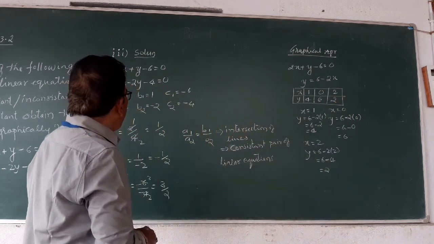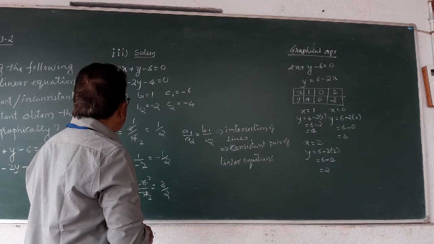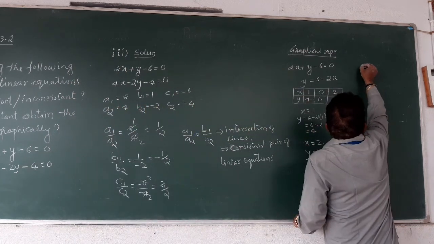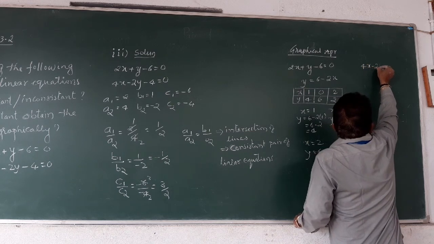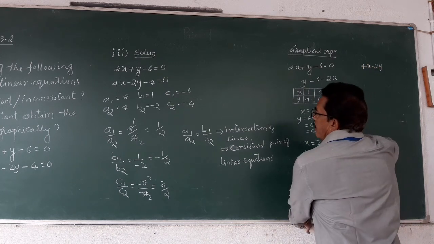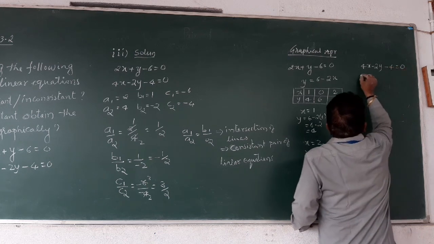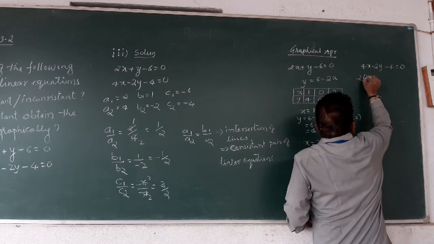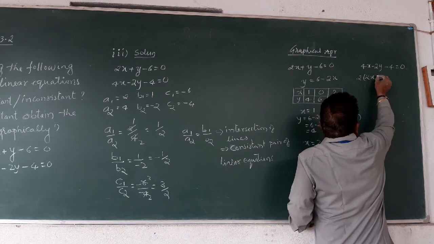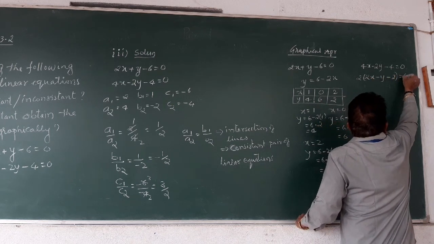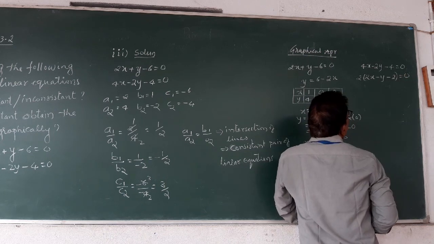Similarly, we have the second equation, 4x minus 2y minus 4 equals 0. Let us take 2 common. 2x minus y minus 2 equals 0.